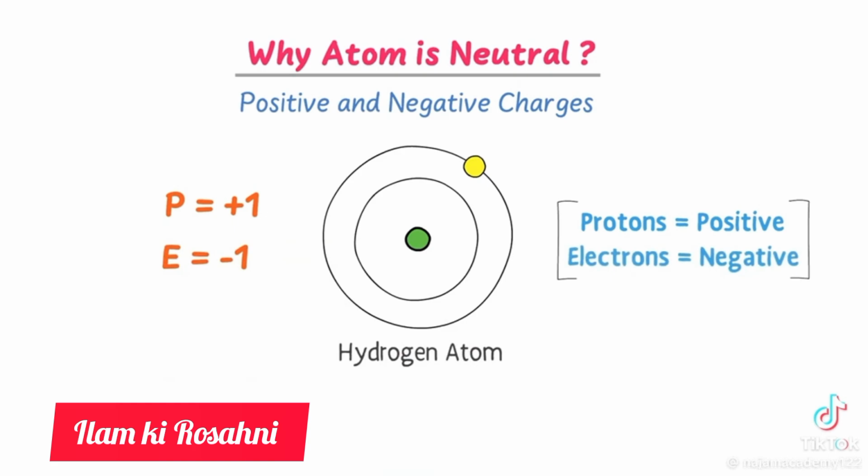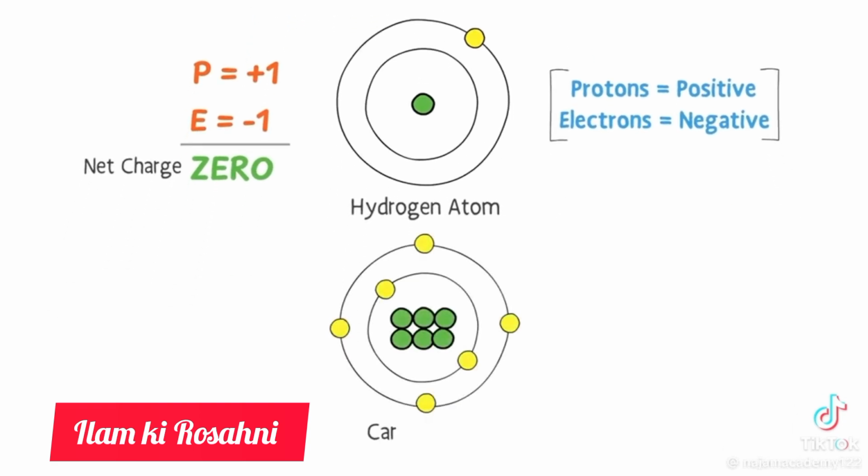Now let me do a little maths here. We know that positive 1 and negative 1 cancel out, so the net charge becomes 0, or you can say that positive and negative charges neutralize themselves in a hydrogen atom. So an atom is therefore a neutral particle. Now consider a carbon atom.